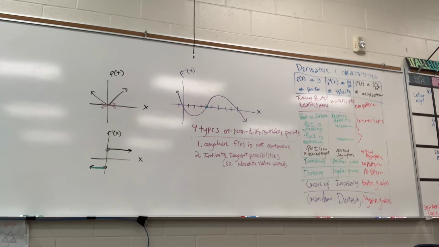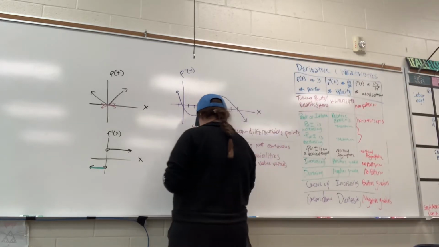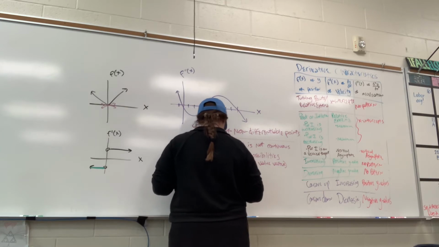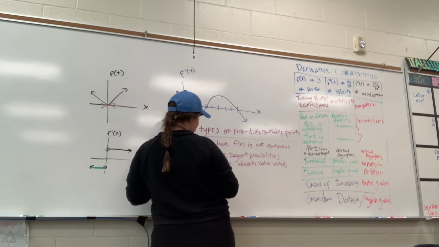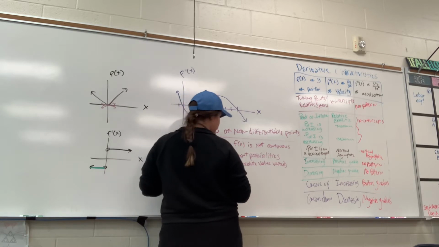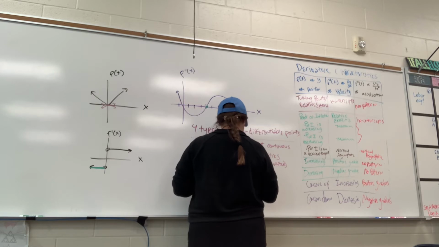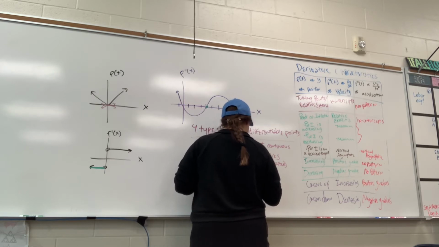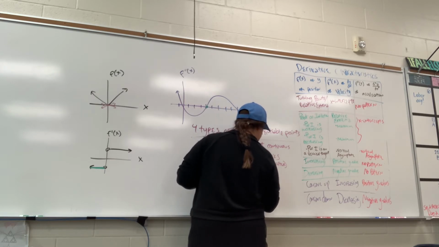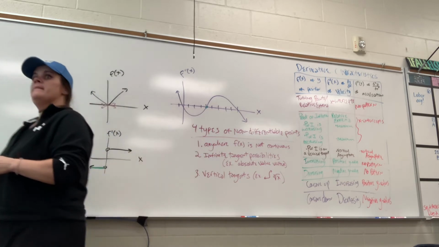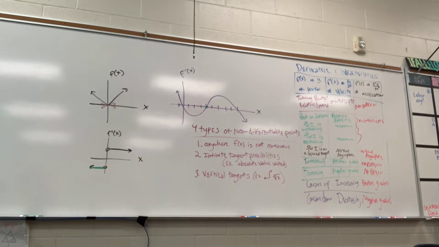The super straight vertical tangents, like on a cube root graph. Vertical tangents. I'm the worst speller. So that example would be like something like that. That's like a cube root graph. So vertical tangents.